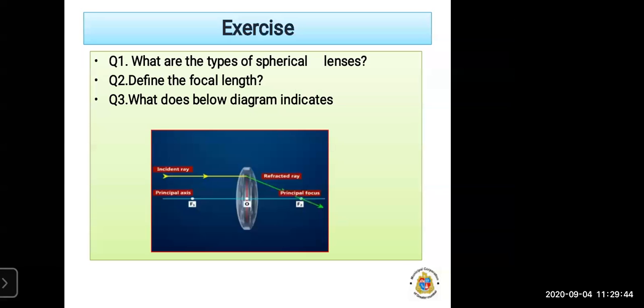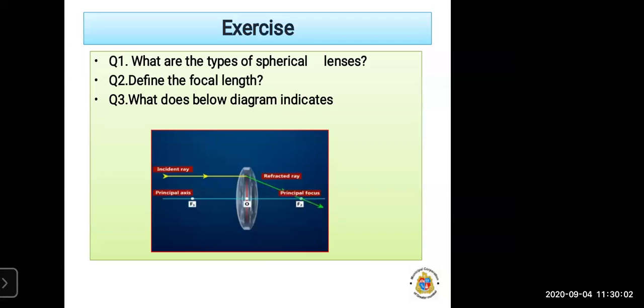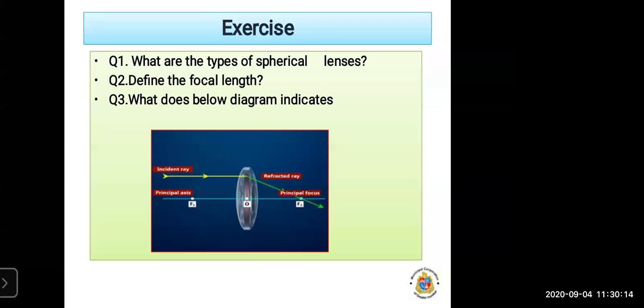Okay, next: what does the below diagram indicate? Yes, Rupesh Yadav, first unmute yourself. Question number three.